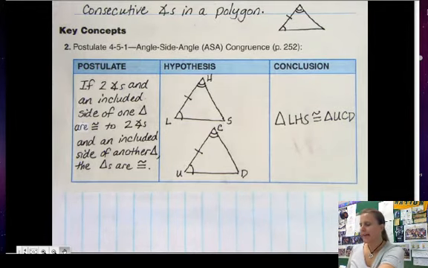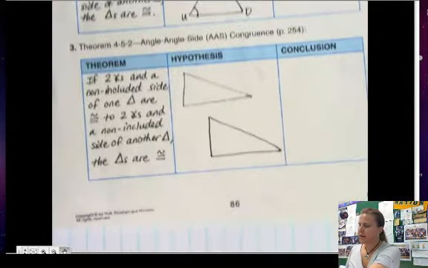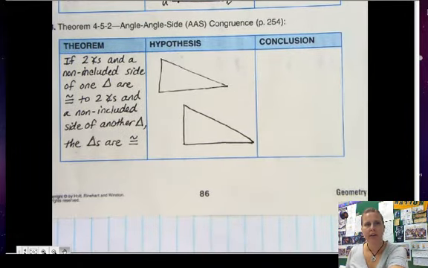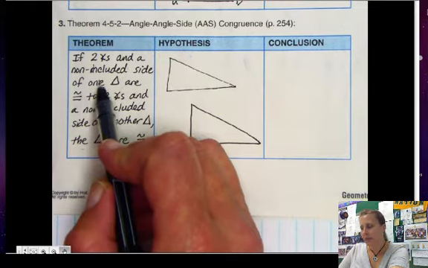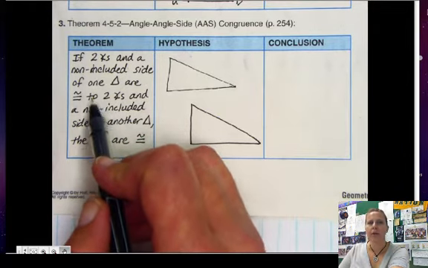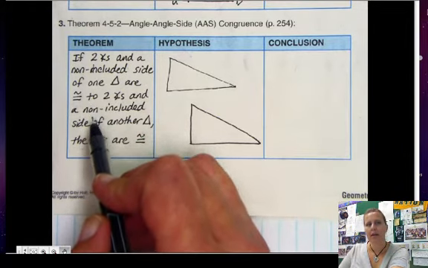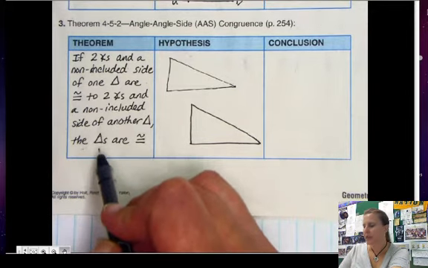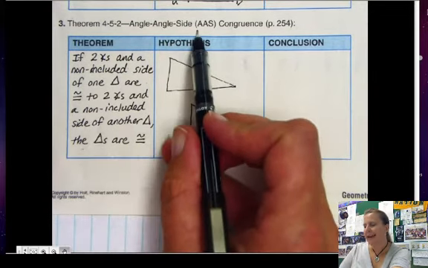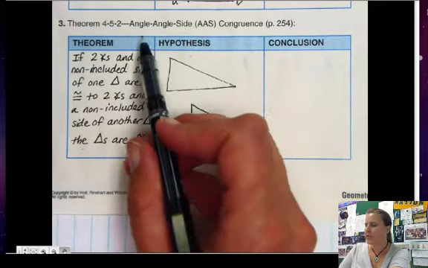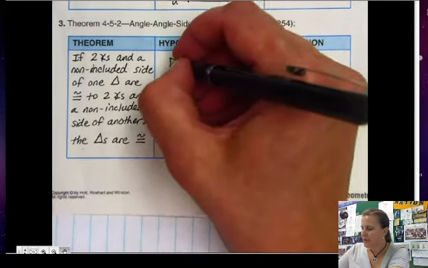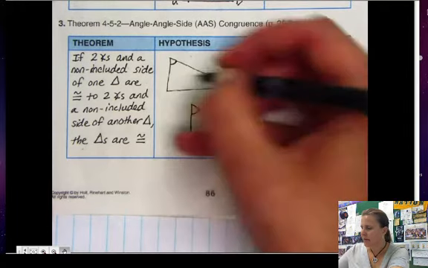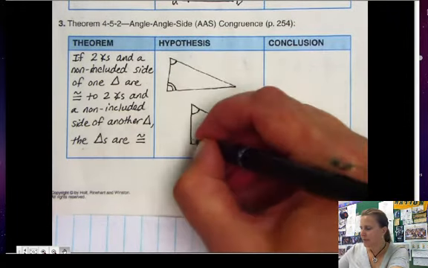Okay? The next one is right here. If two angles and a non-included side of one triangle are congruent to two angles and a non-included side of another triangle, then the triangles are congruent. This is called AAS, which stands for angle, angle, side. So I have two angles again. So here I have this one, and then this one and this one.